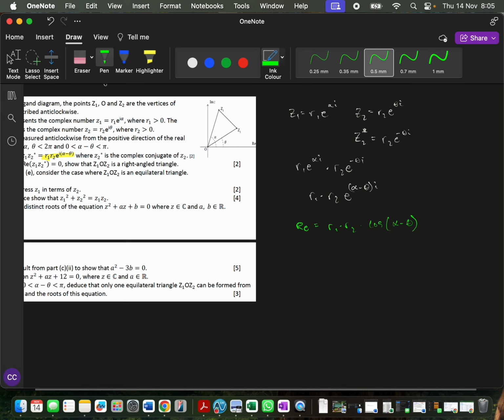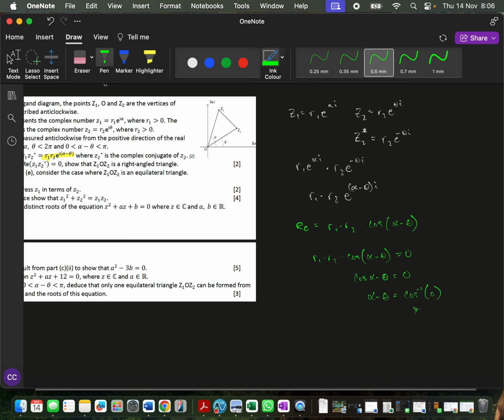So if r1 times r2 times the cosine of alpha minus theta is 0, that means the cosine of alpha minus theta is also 0, because if I divide by r1 r2, I would get that, which means that alpha minus theta has to equal the arc cosine of 0.